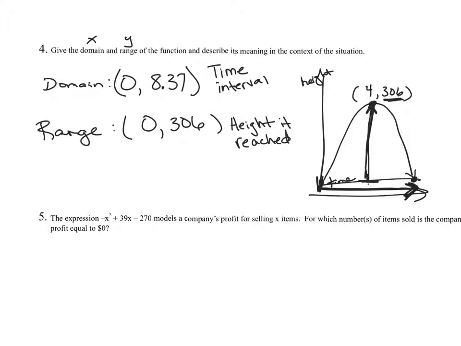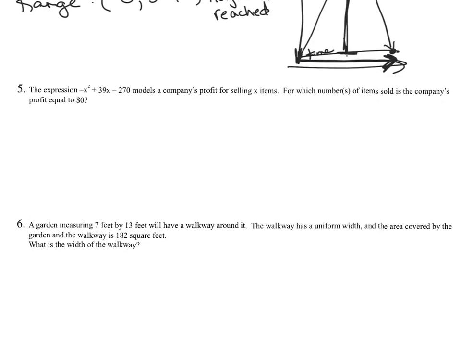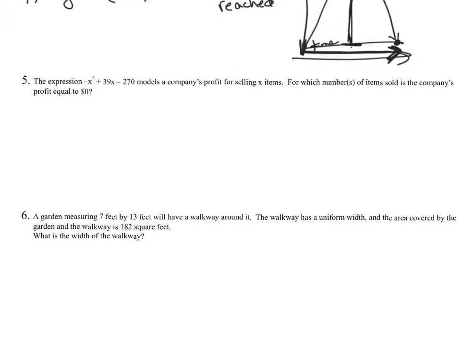Okay, this next problem says the expression negative x squared plus 39x minus 270 models a company's profit for selling x items. For which number or numbers of items sold is the company's profit equal to 0? Okay, so with this problem, it tells you that this function models a company's profit.